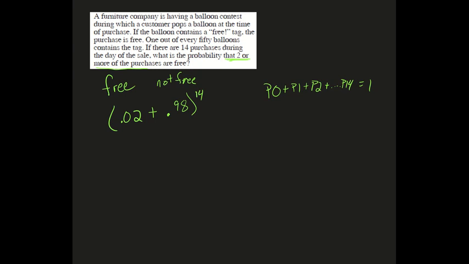So we're looking for 2 or more, so we're looking for this range of values. So the easiest thing to do then is subtract the probability of 0 and the probability of 1, winner, free purchase, from 1, from that 100%. So we want to do 1 minus the probability of 0 plus the probability of 1.